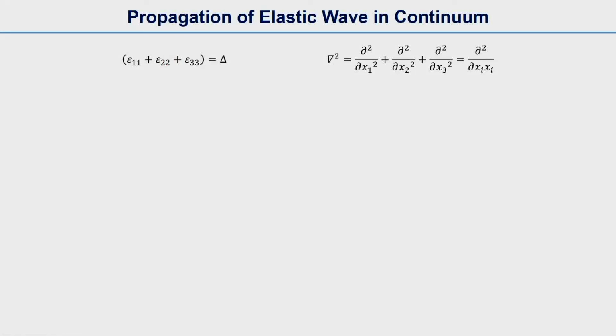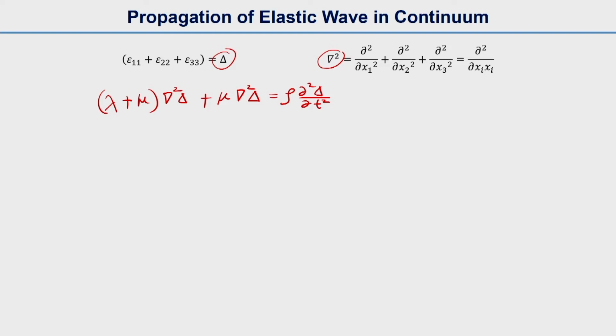Now if we use this delta and this nabla operator, from the previous equation what we can get is lambda plus mu with the nabla operator and delta, plus mu nabla operator with delta, equal to rho times the second partial of delta with respect to t.